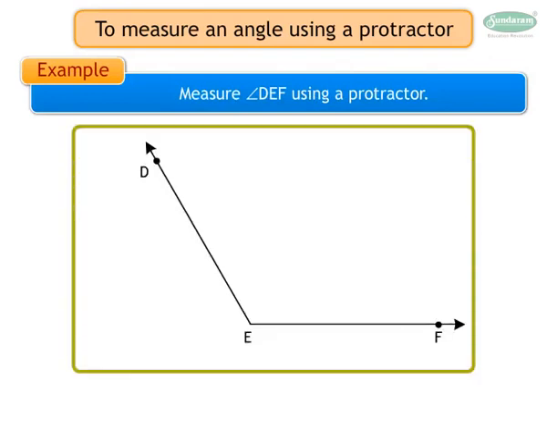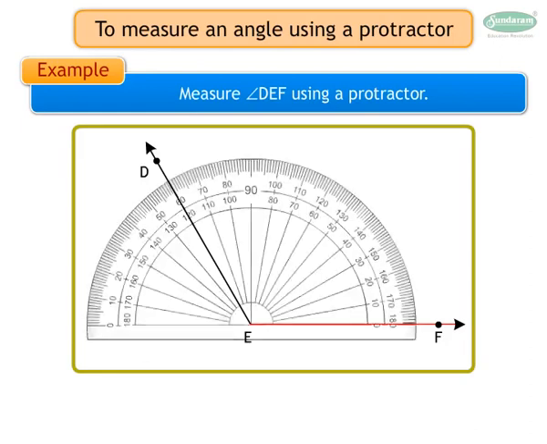Measure angle DEF using a protractor. Number 1. First, look at the figure. Number 2. Now look at the side EF of the given angle. Number 3. Place the center of the protractor on point E so that the reference line of the protractor coincides exactly with ray EF. Number 4.